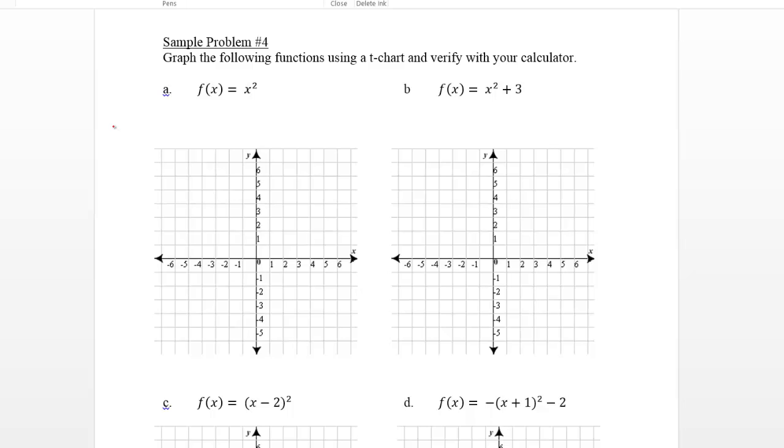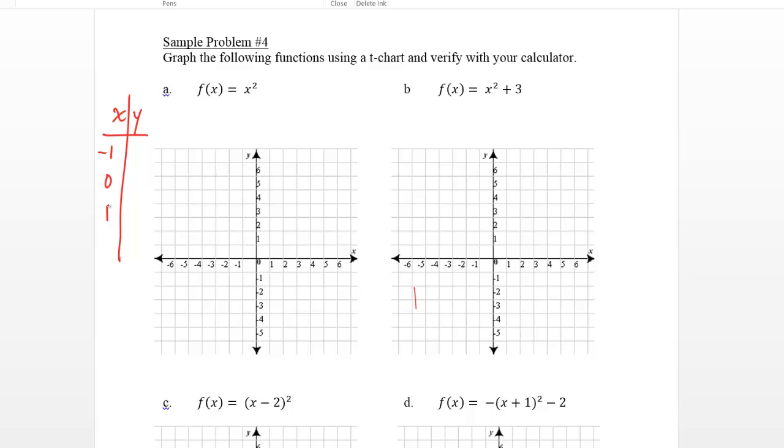Now, generally speaking, if you remember the old T-chart, -1, 0, and 1 are great places to start as far as picking x values is concerned. Remember, you have the option to pick any x value that you want and find what the corresponding y value is.